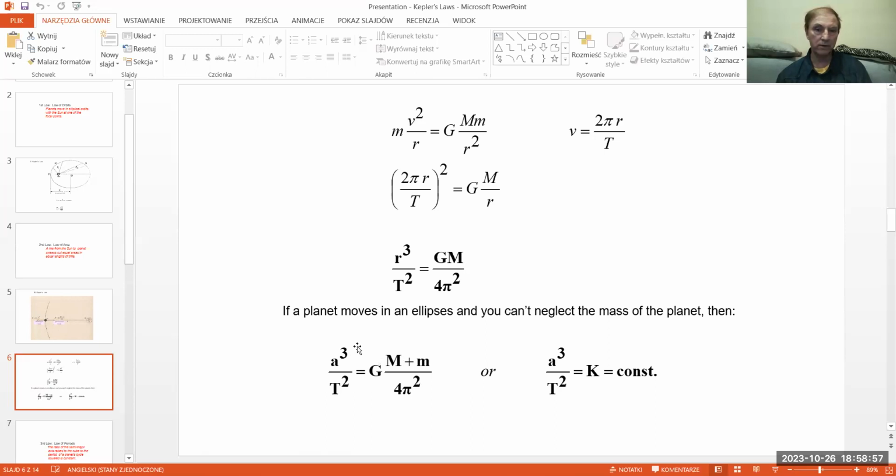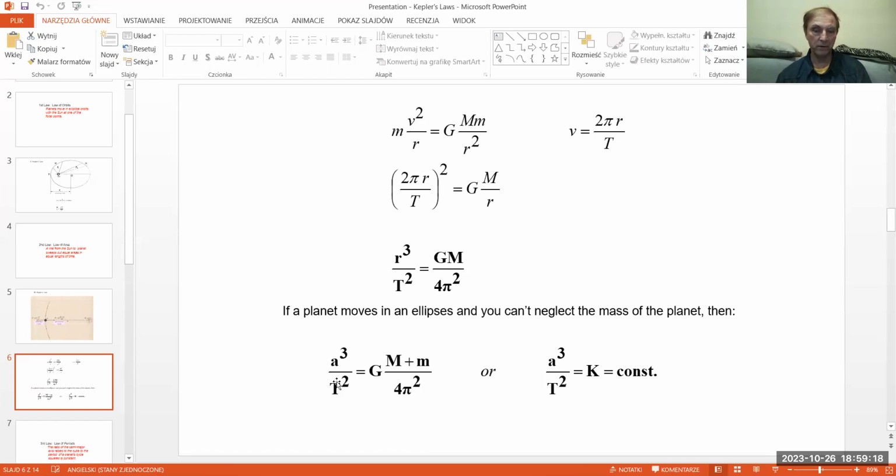Therefore, on the left-hand side, we have a cubed divided by T squared, and on the right-hand side, we have the mass of the Sun plus the mass of the planet, uppercase M plus lowercase m.